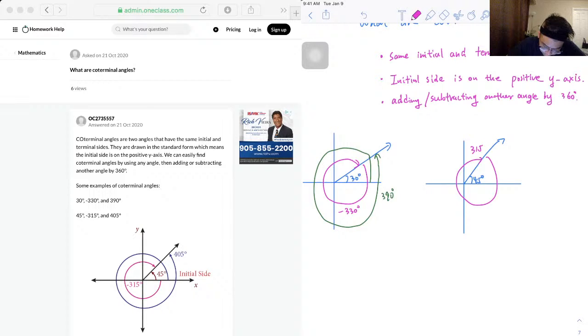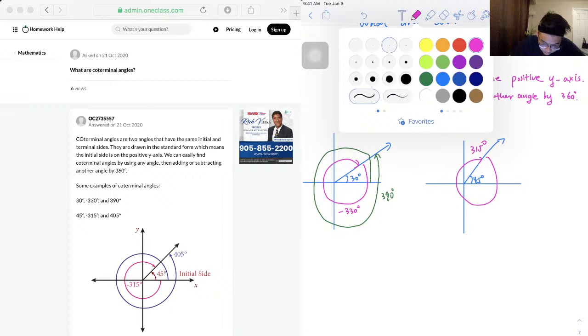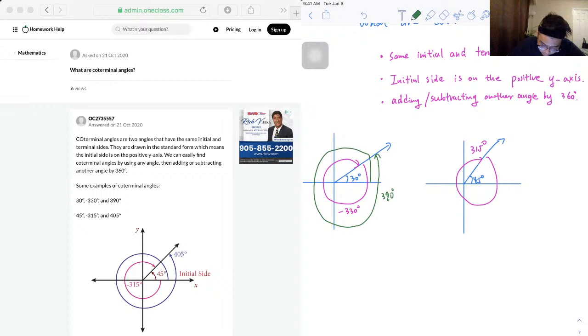Negative 315. And also 405, which is just 45 plus 360. So we just rotate it one more time.